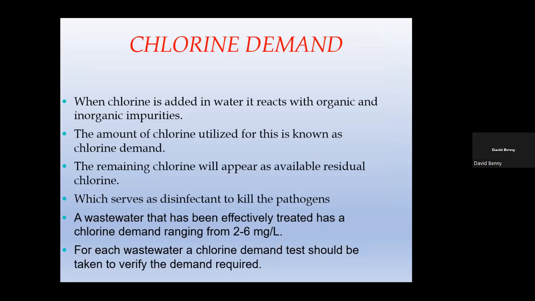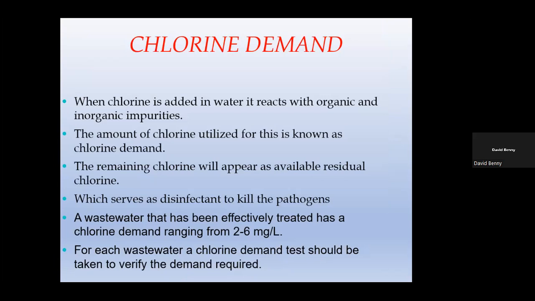When you add chlorine to water, it is an oxidizing agent. So it reacts with organics and inorganics in the water and oxidizes them. The amount of this chlorine used is known as the demand.